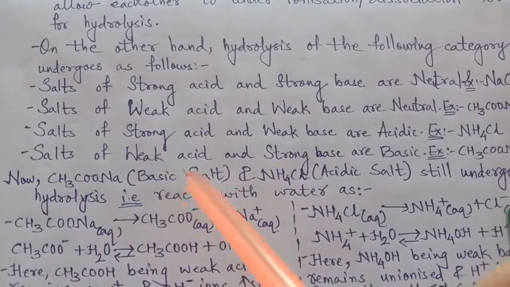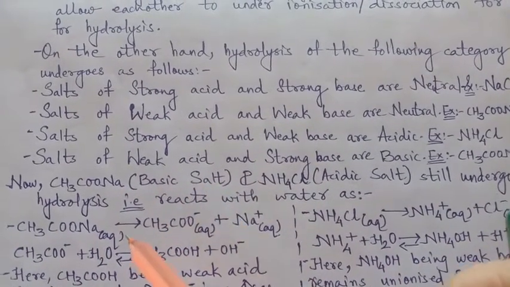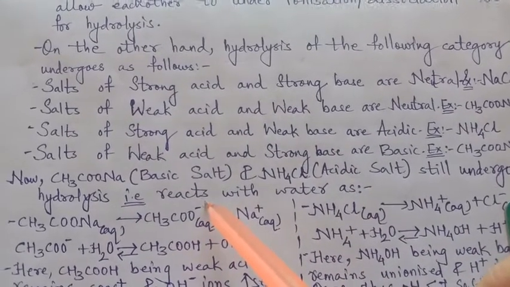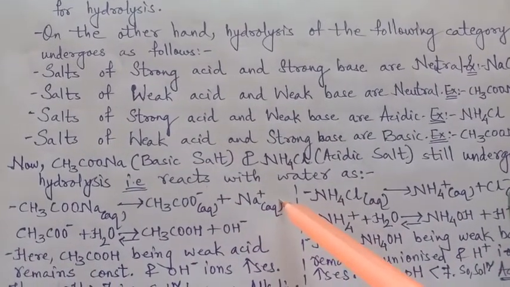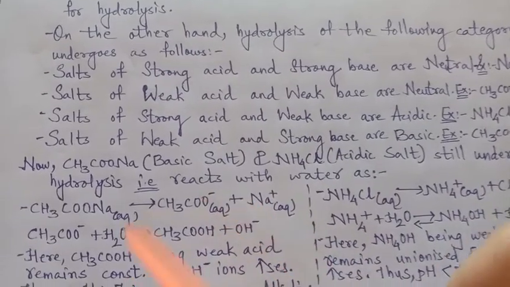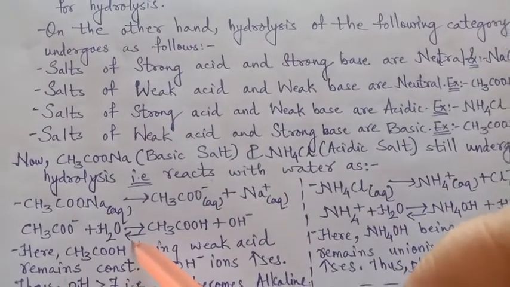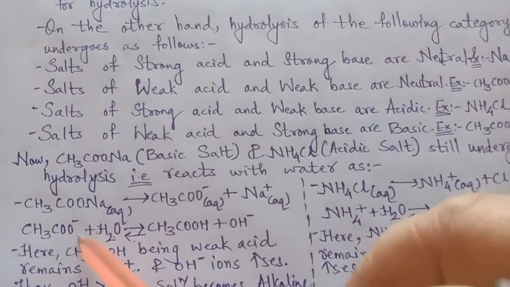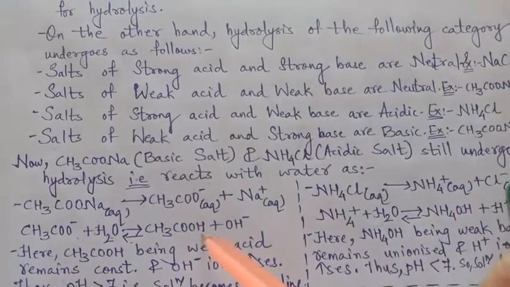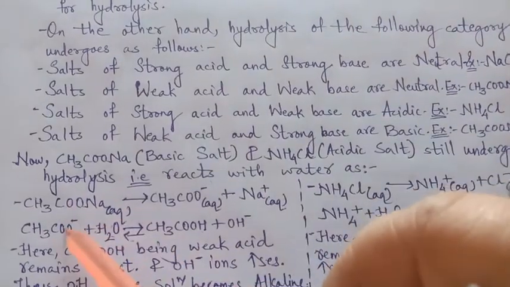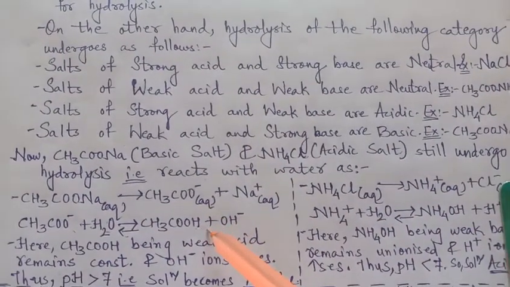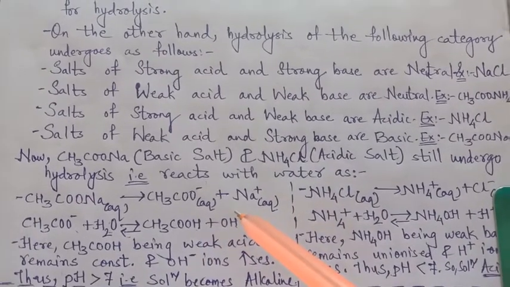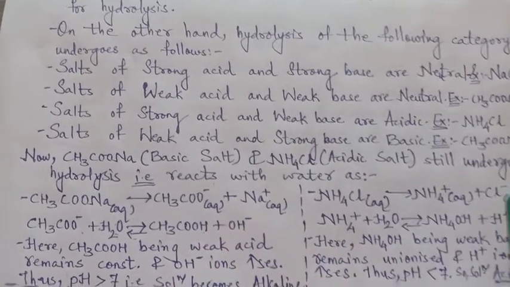CH3COONa, the basic salt, first gets ionized into CH3COO minus and Na plus. When this CH3COO minus reacts with the water, that is hydrolysis, it will reform back into the acidic form, CH3COOH. H will be given to the acetate ion and OH minus is separated. Thus it is a basic salt.